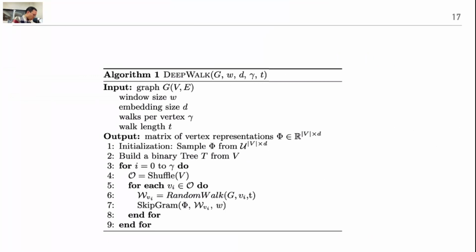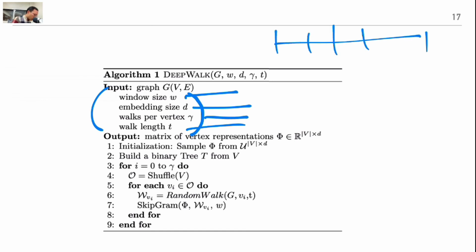So this is the algorithm. We have input, right? We have a window size, embedding size, and walk length. The walks means, so we have this random walk. So let me start with the walks here.